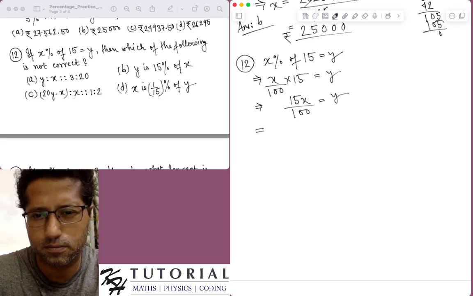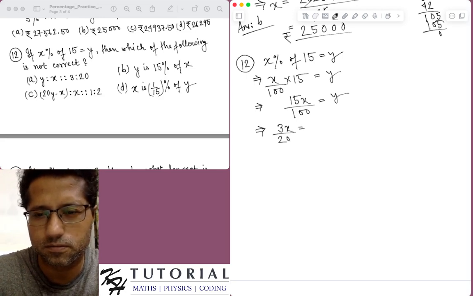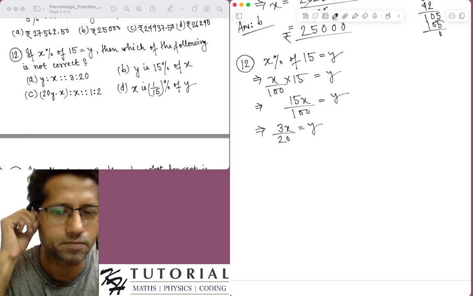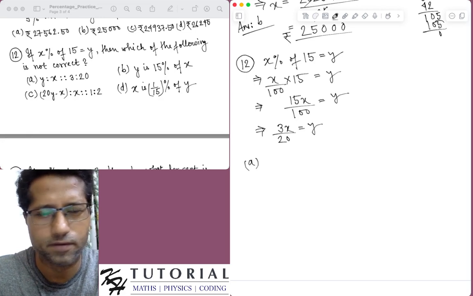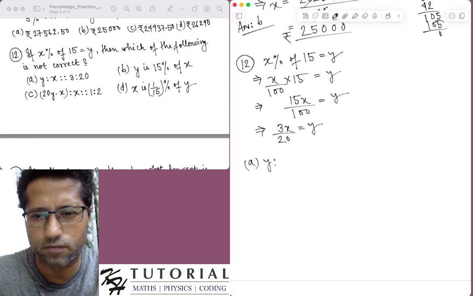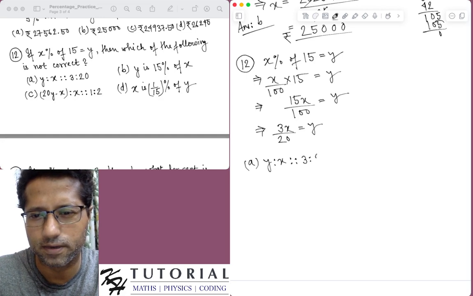This is 3X by 20 equals Y. Now choice A says that the ratio Y is to X is in proportion with 3 is to 20.